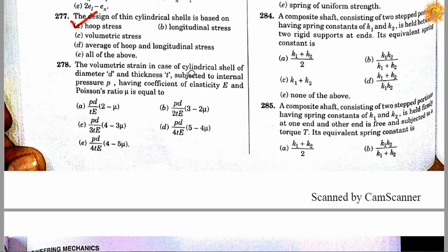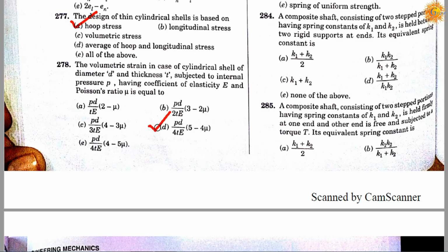Volumetric strain in the case of a cylindrical shell of diameter d and thickness t subjected to internal pressure P, having coefficient of elasticity capital E and Poisson's ratio mu, is equal to: option A, PD upon TE in the small bracket (2 minus mu); option B, PD upon 2TE in the small bracket (3 minus 2 mu); option C, PD upon 3TE in the small bracket (4 minus 3 mu); option D, PD upon 4TE in the small bracket (5 minus 4 mu); option E, PD upon 4TE in the small bracket (4 minus 5 mu).